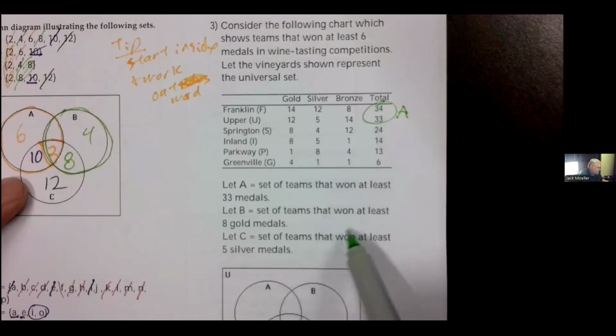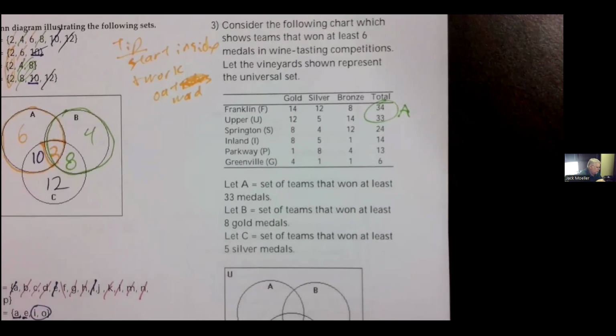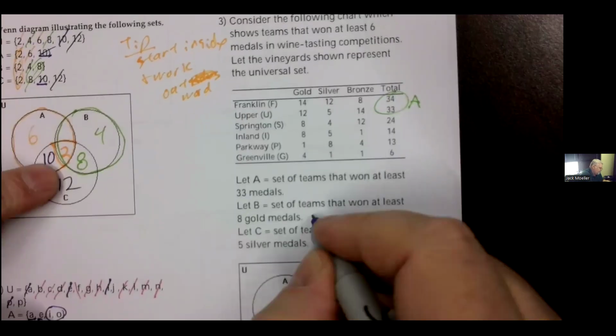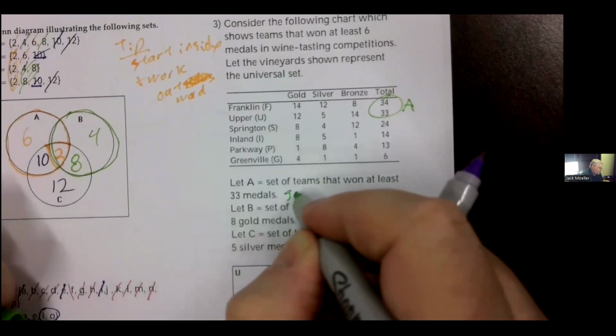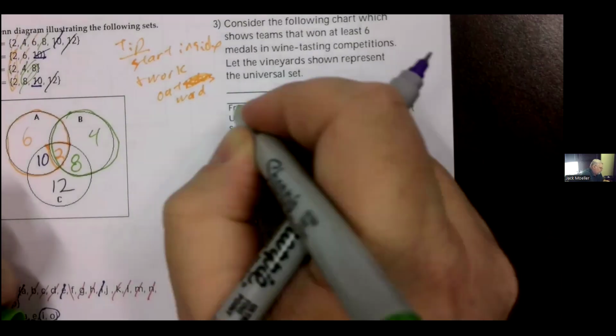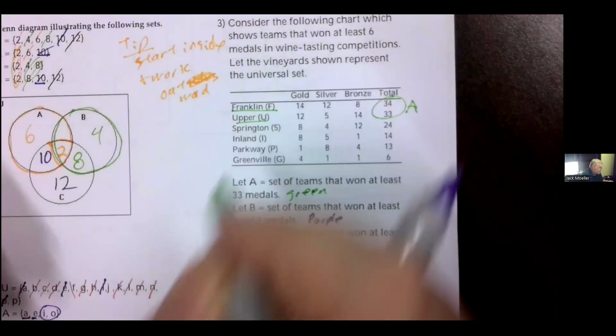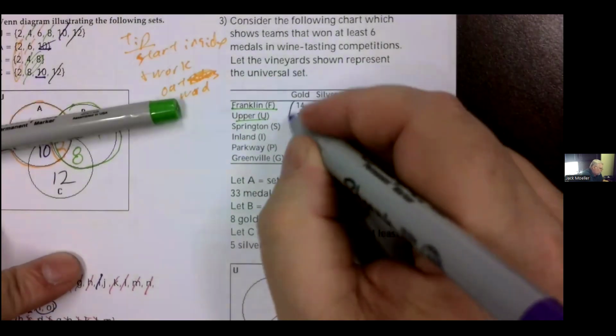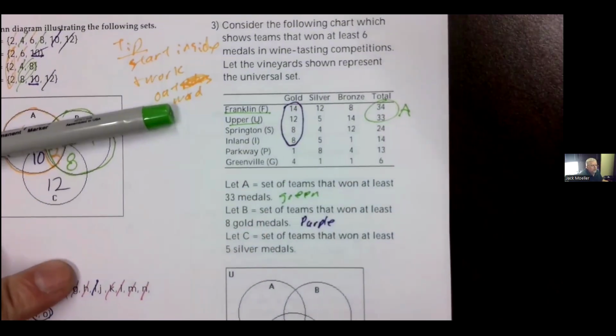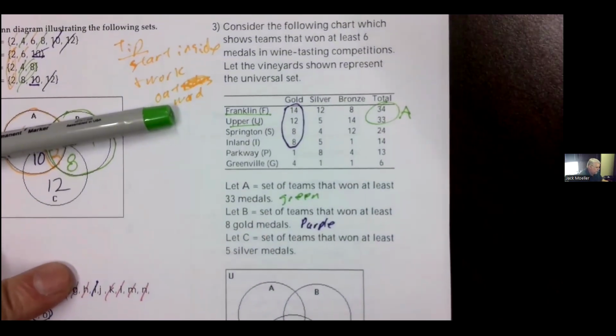B is the set of teams that won at least 8 gold medals. So for 8 gold medals, let's use purple. Franklin and Upper are in A. Purple is at least 8 gold. So that is everybody but Parkway and Greenville.